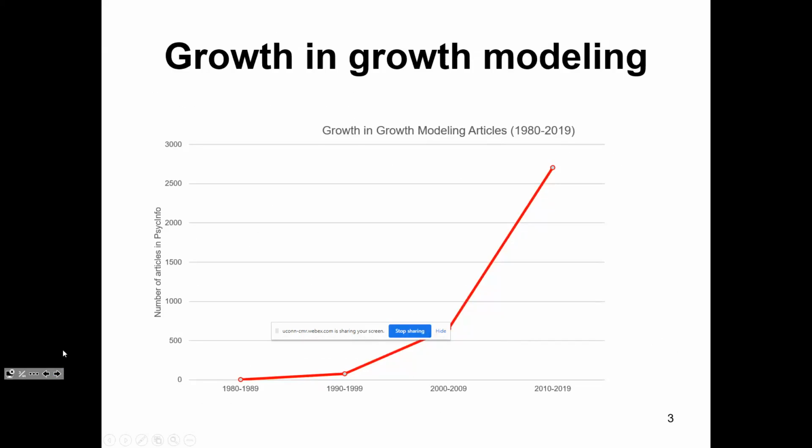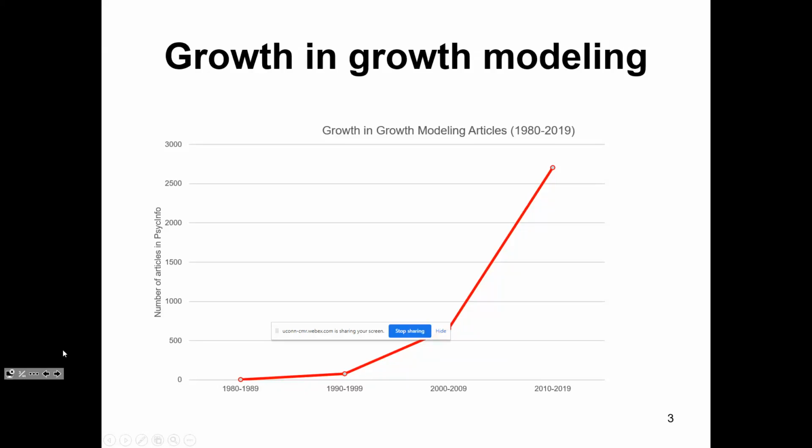So this is obviously nonlinear change. Interestingly, growth modeling has become a hot topic in the 21st century. I divided this by decades, and this is just a really quick PsycINFO search. You can see that there were not that many articles published for all of the 1980s in terms of growth modeling, and even through the 90s there were very few.